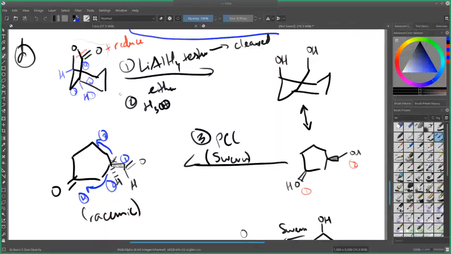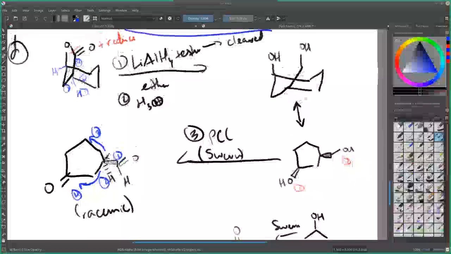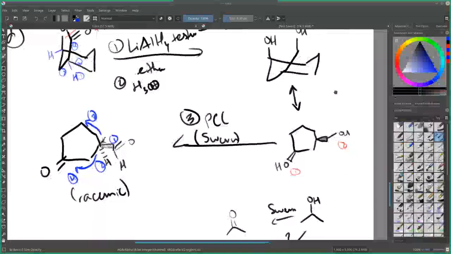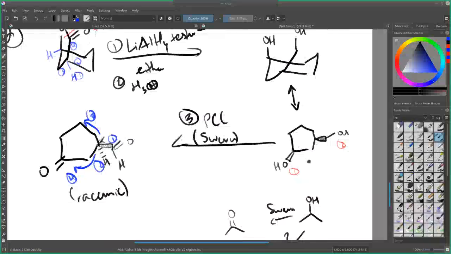We start with this, and then these things are both sticking up the same way, except all of them look like this and not the mirror image. So the mirror image would look different. This is still a chiral molecule because there's no plane of symmetry.